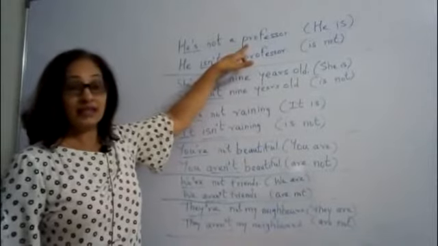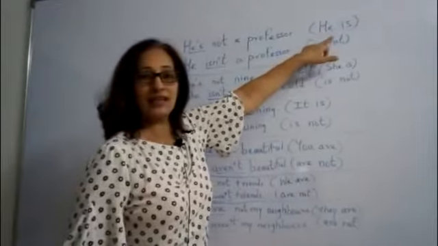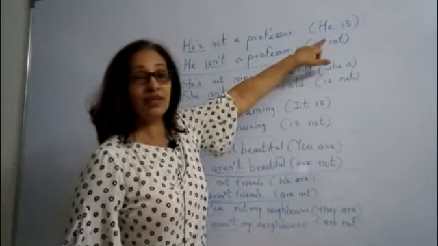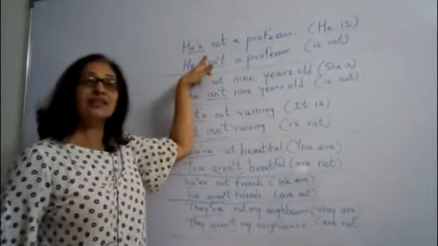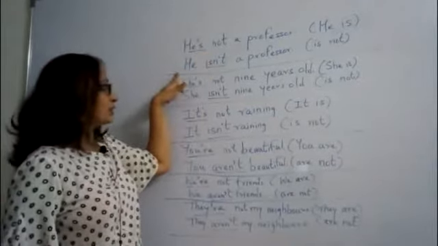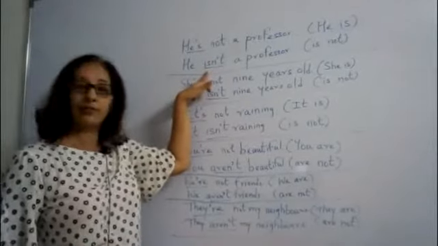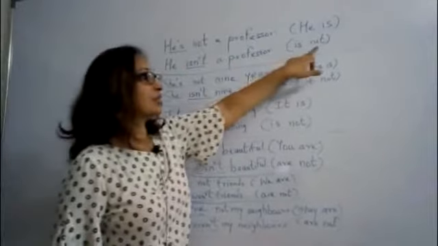Now in this negative sentence, he is not a professor, we have contracted he is. Okay, the contracted form of he is is he's. You can say this sentence in this way also: he isn't a professor. Isn't. Here we have contracted is not.